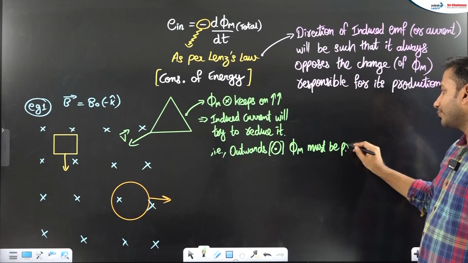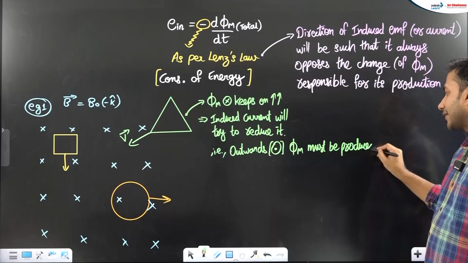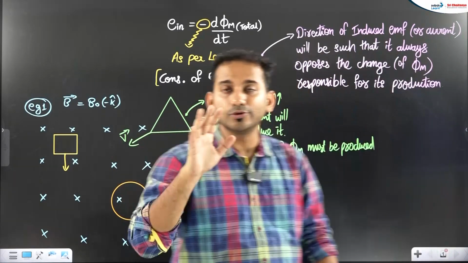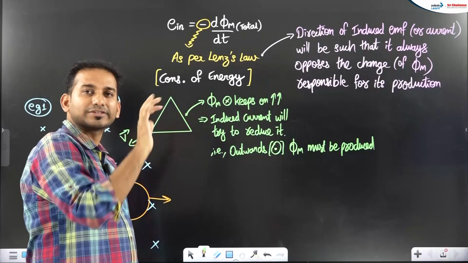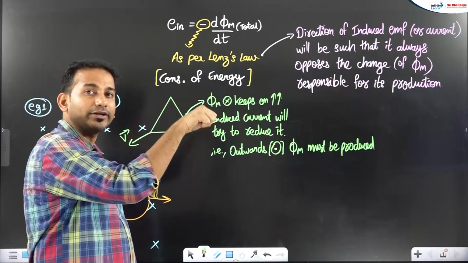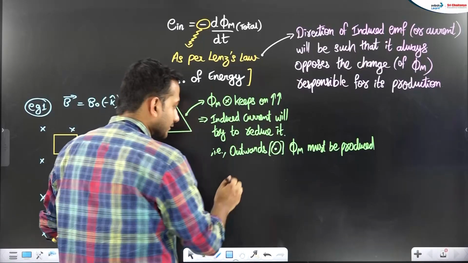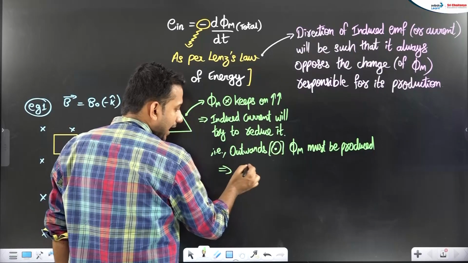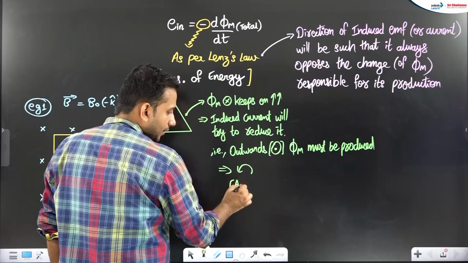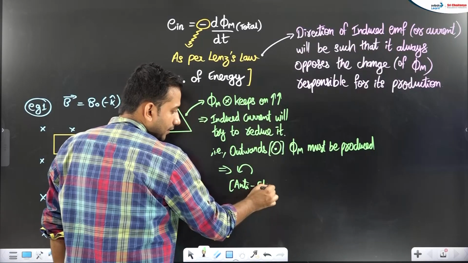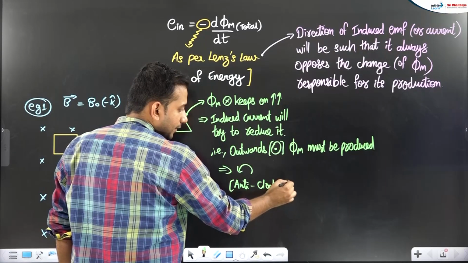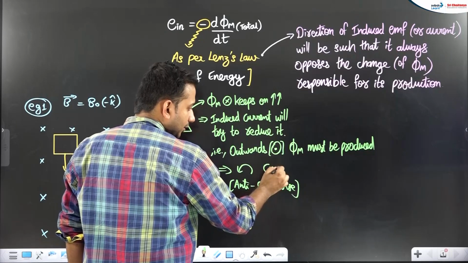If you try to produce the outward magnetic flux, then by right hand thumb rule, if it's a clockwise current, then the thumb is pointing inwards. If it's an anti-clockwise current, the thumb is pointing outwards. So you will say this implies anti-clockwise current must be induced.